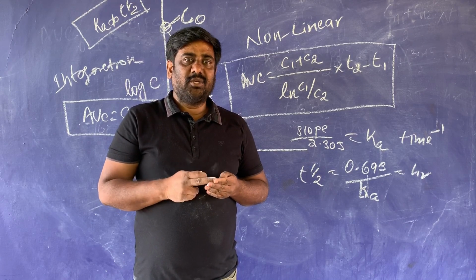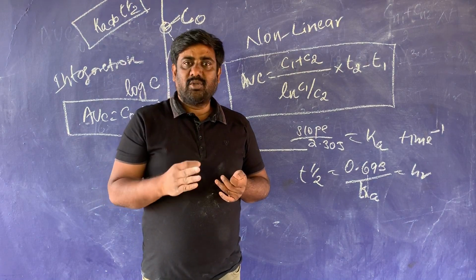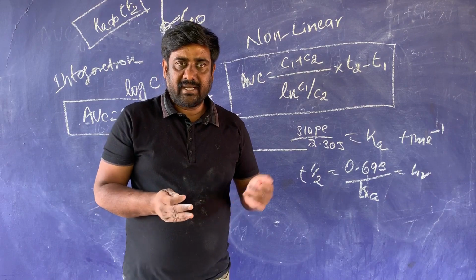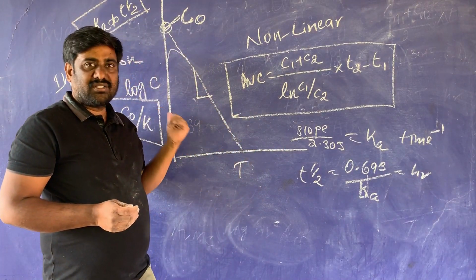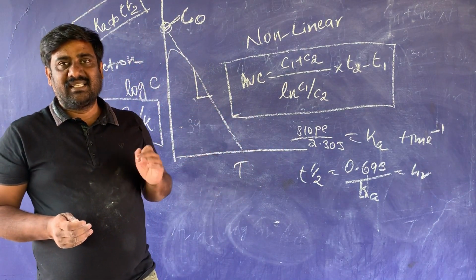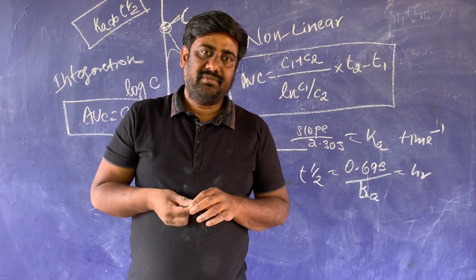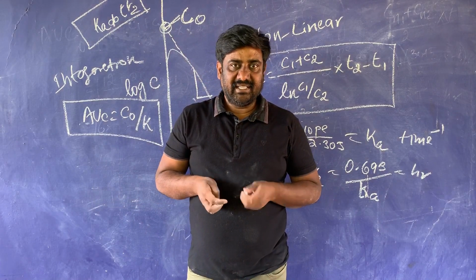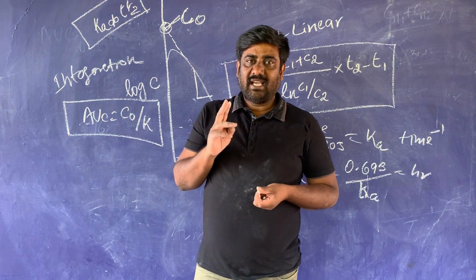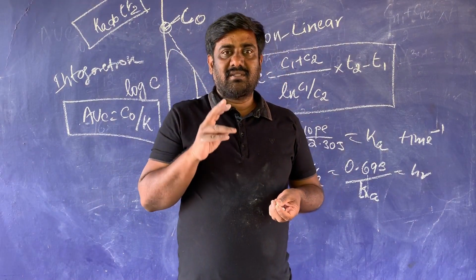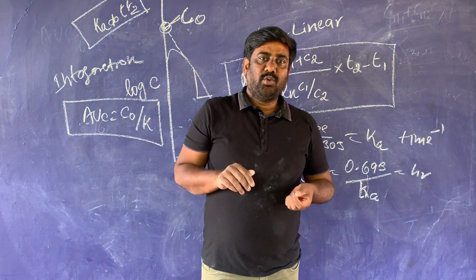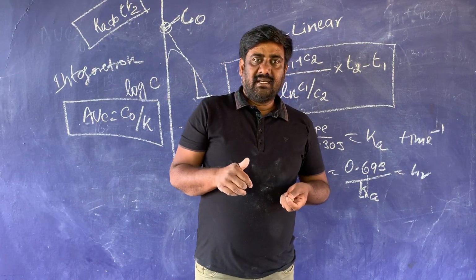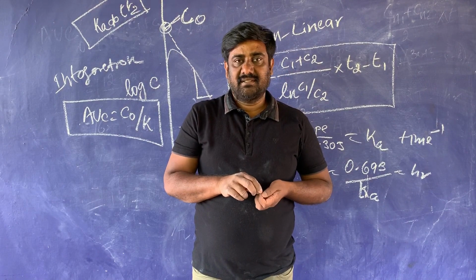By using that AUC and AUMC, we can calculate MRT, and by plotting the graph between log C and T, we can calculate Ka and T half. So now I'll give you another set of readings. You have to calculate all Cmax, Tmax, AUC, AUMC and MRT and submit it later.